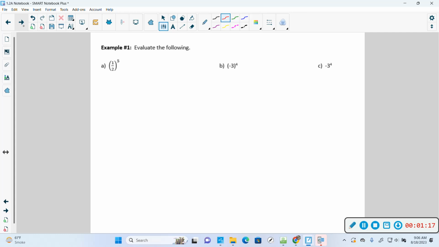So if this was old school Algebra 1, that sounds like forever ago, I would make them write out the 5 1/2 and then you would multiply that out. So the top I'm going to do 1 times, what's 2 times 2 times 2 times 2 times 2? 32.